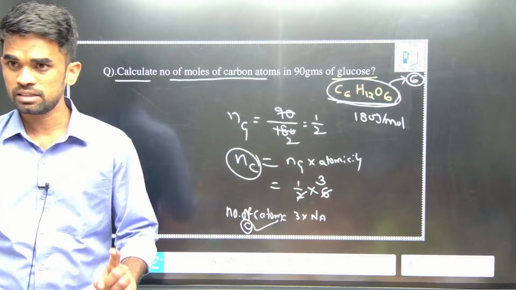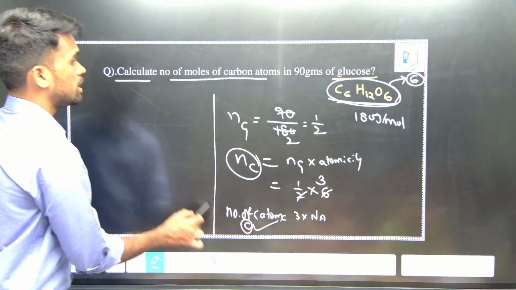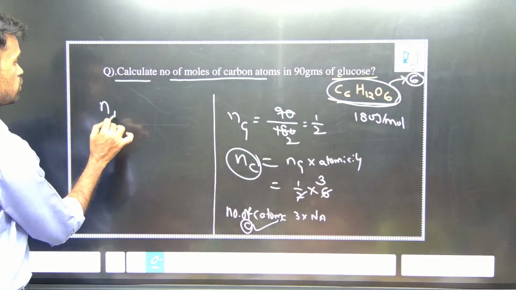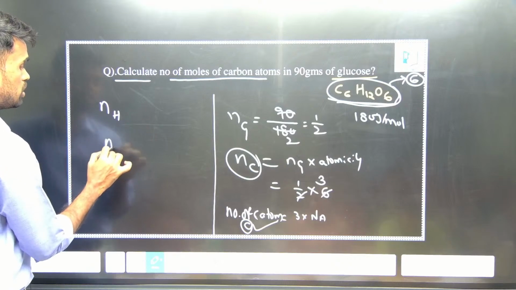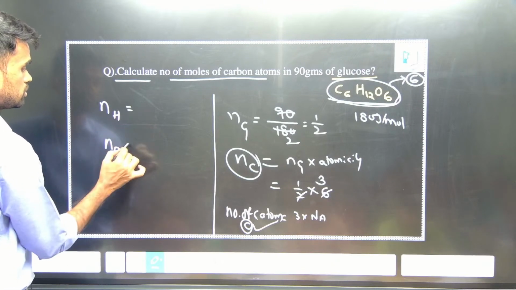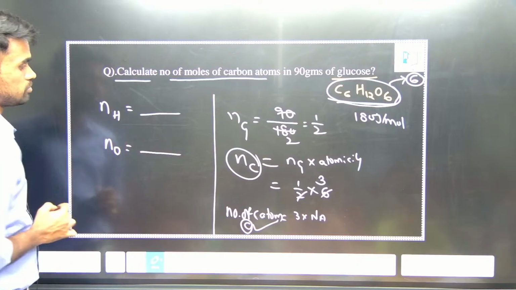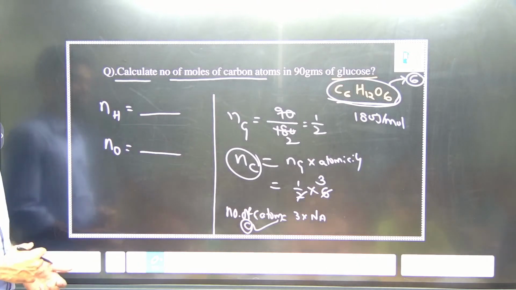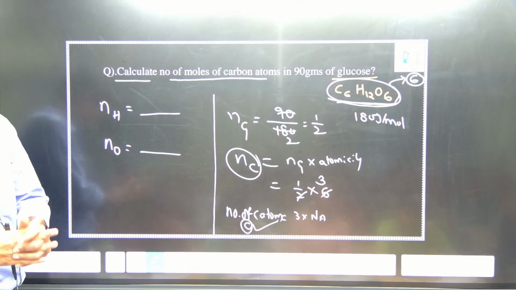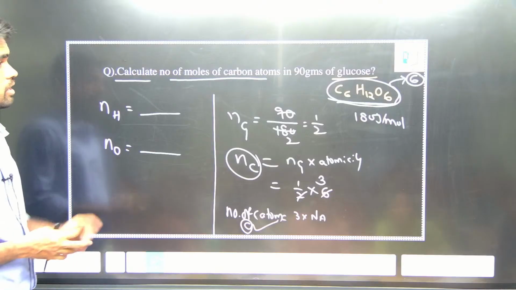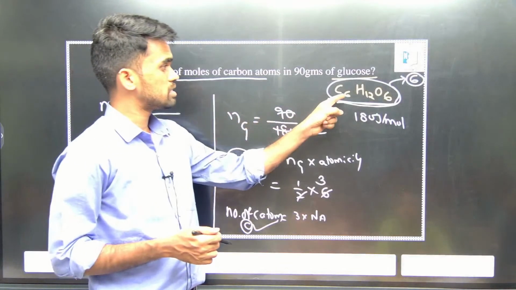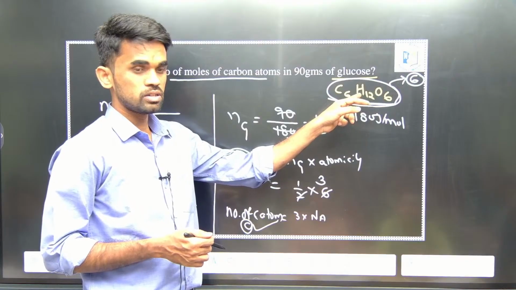Is this clear? Okay. Now if I ask you the number of moles of hydrogen atoms, the number of moles of oxygen atoms, what is your answer? Hydrogen is how much? Why is it 6?